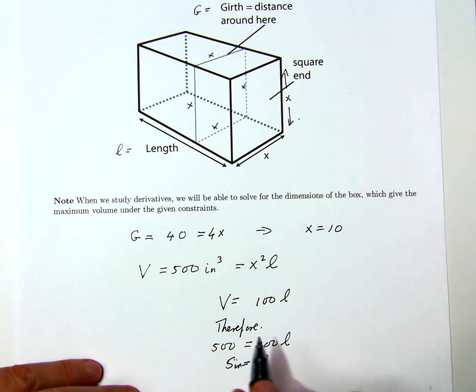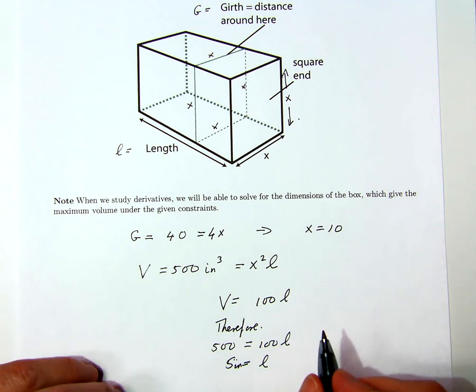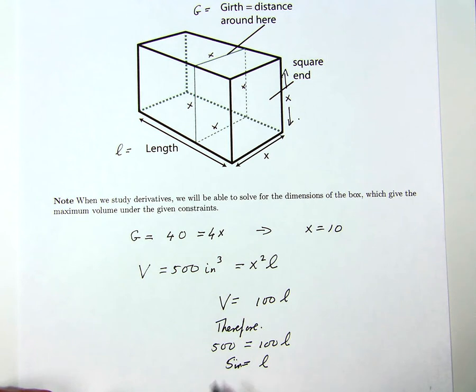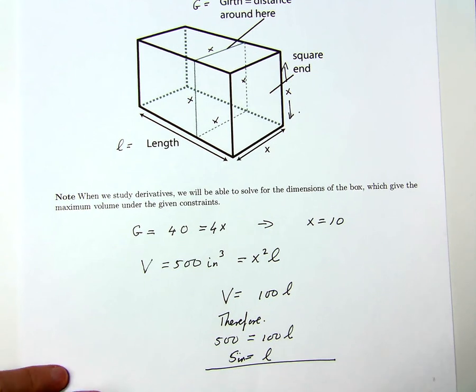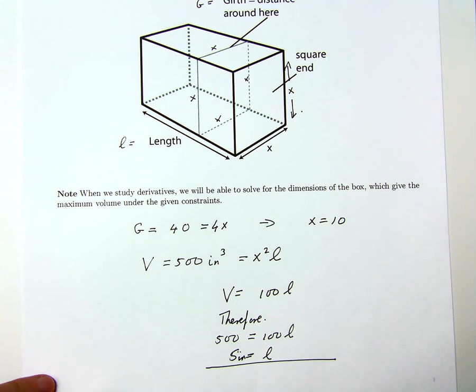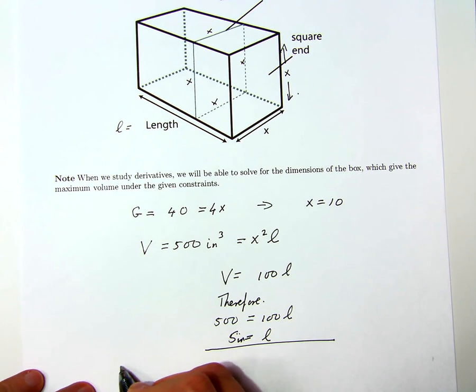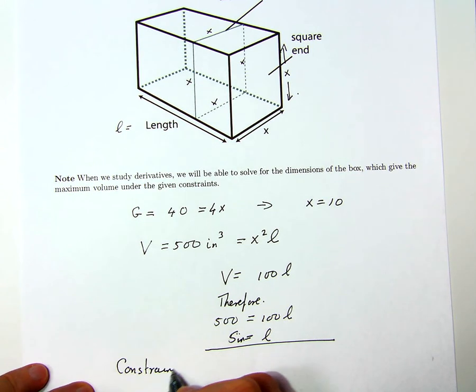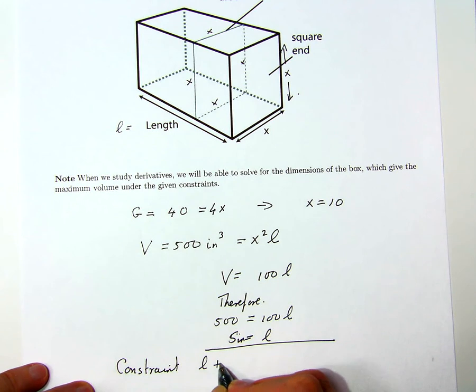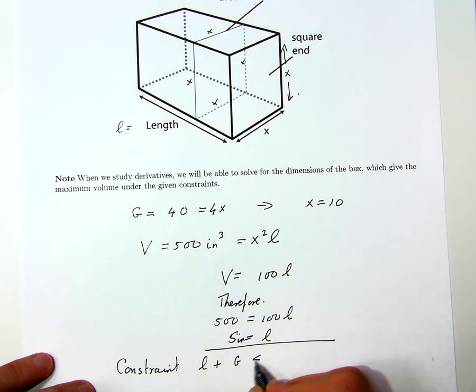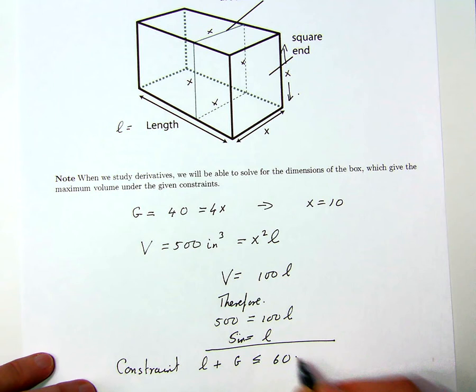So the length of such a box is 5 inches, and its volume is 500 cubic inches, and the question is, can we ship this thing with this delivery service? And the constraint is that the length plus the girth should be less than or equal to 60 inches.